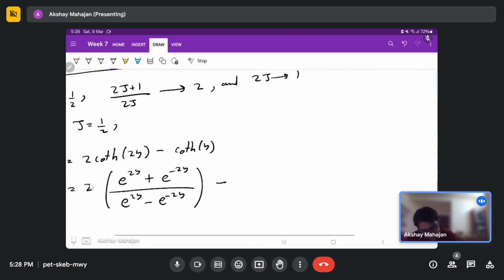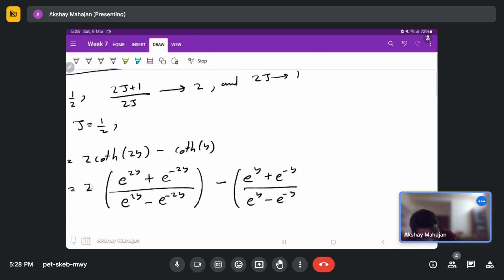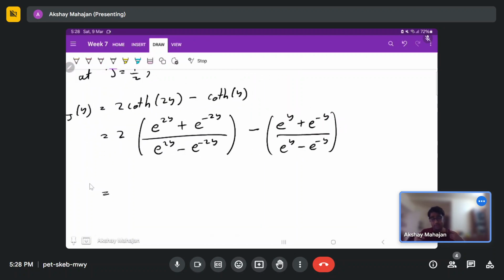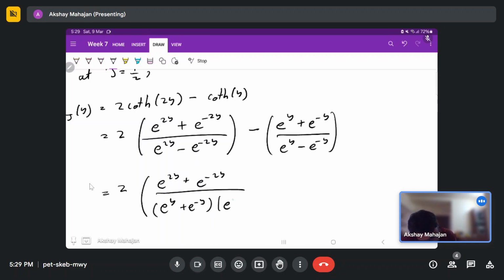Minus e to the power y plus e to the power minus y upon e to the power y minus e to the power minus y. Now the denominator here in the first one I can write e to the power 2y minus e to the power minus 2y as e to the power y plus e to the power minus y times e to the power y minus e to the power minus y.